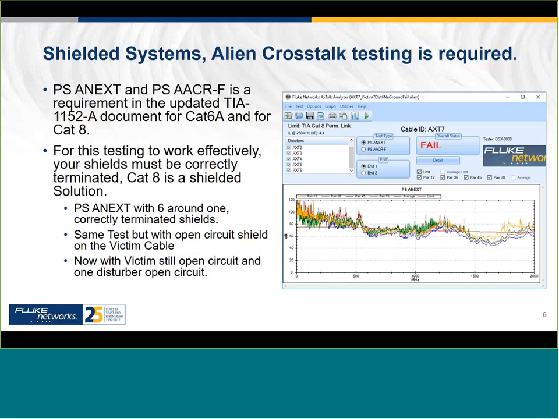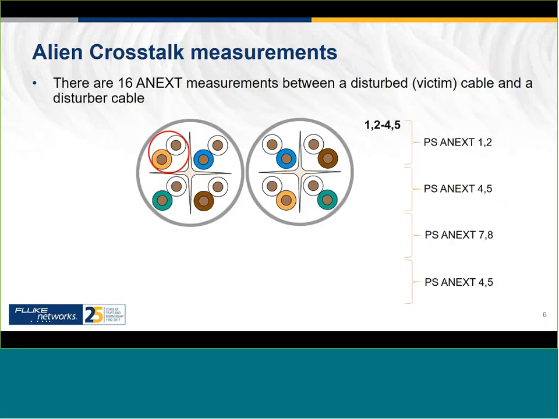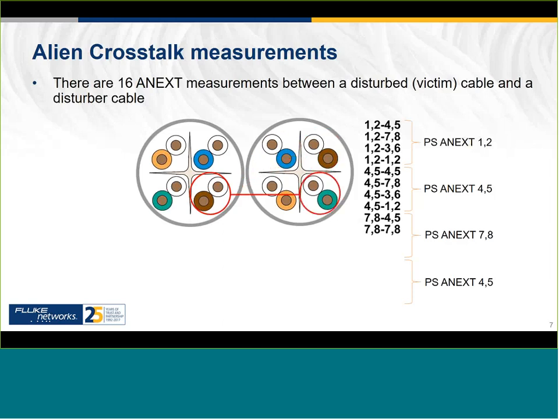So what are we doing in the field when we make these particular measurements? So there are 16 measurements that we have to make between the victim cable and the disturber cable. And as you can see here on the graphic, we're looking at each pair in the victim and then looking at all the other pairs and their influence in the disturber cables.